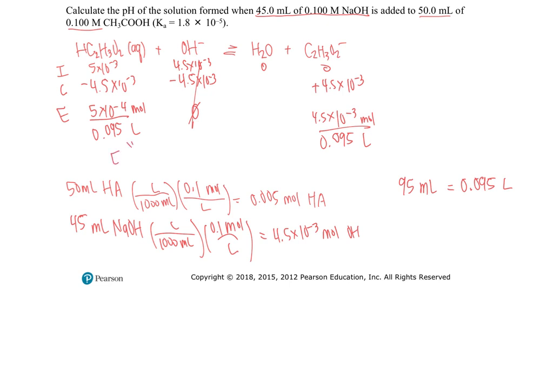So my concentration of HA here is 5.3 times 10 to the negative third molar. And over here I'll have 4.74 times 10 to the negative 2 molar of acetate. So that's my A minus.